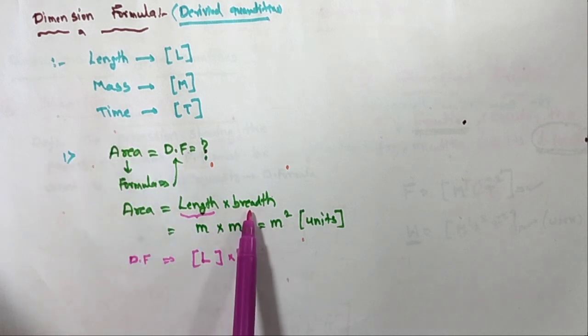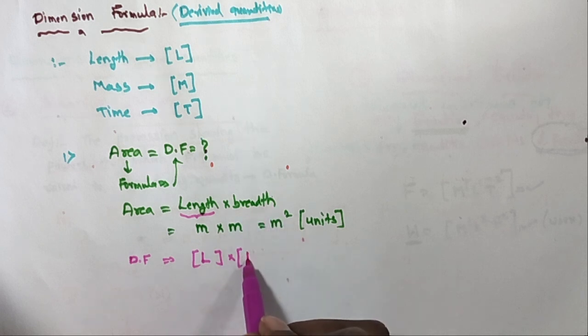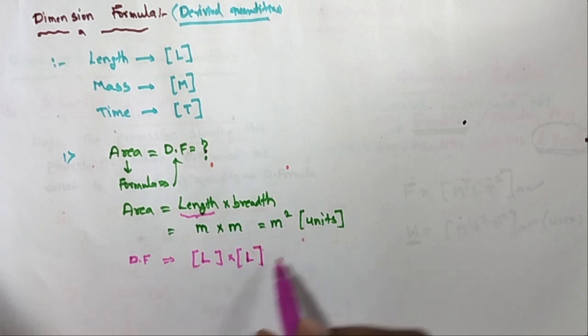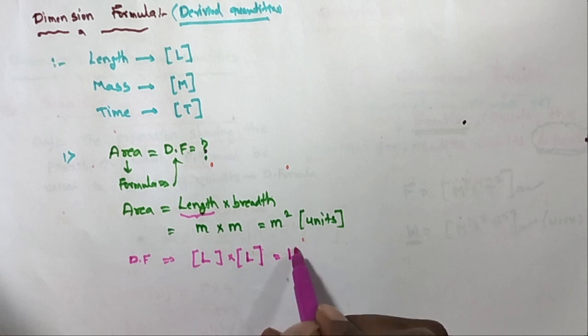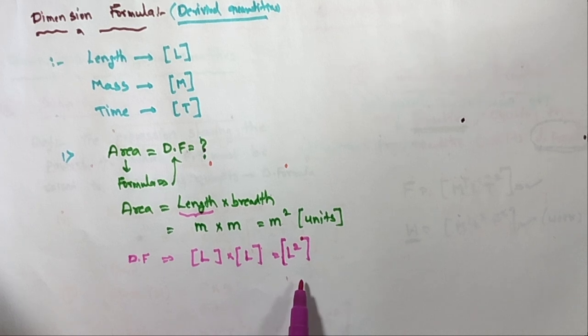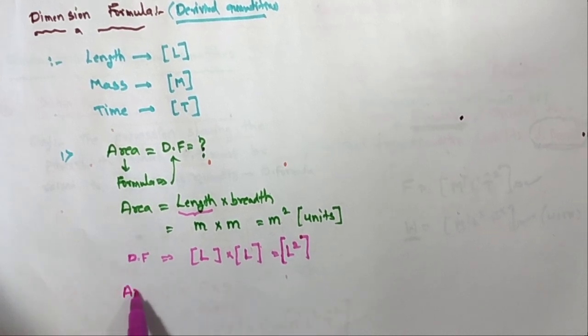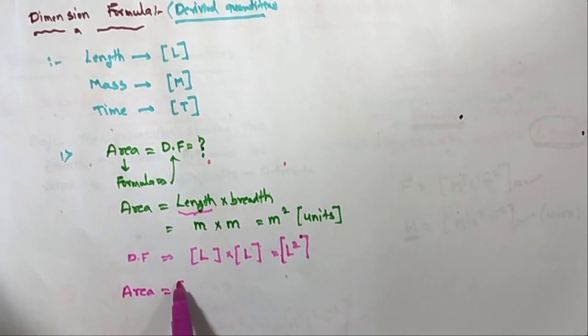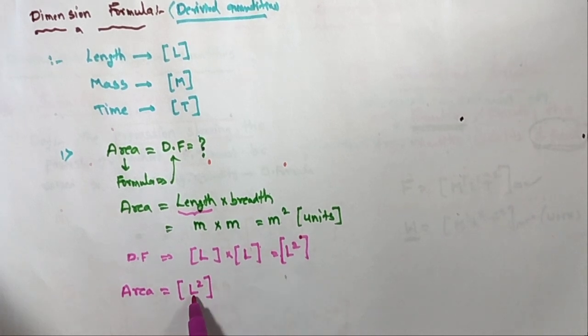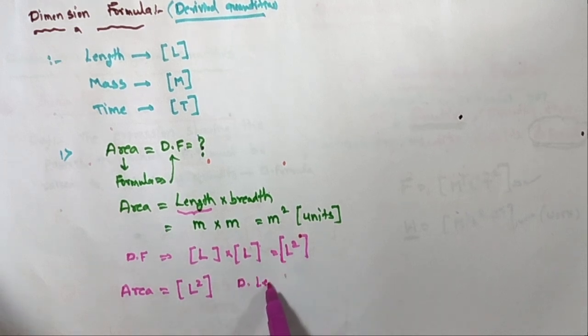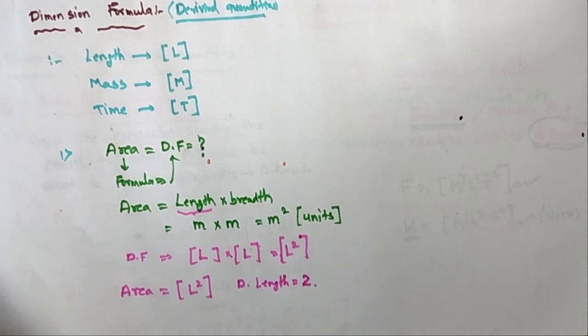Breadth is also a length component, so the dimensional formula of breadth is L. So L into L, that is L square. This is the dimensional formula of the area. Area is equal to L square. The dimension of the length is 2, that is called the power.